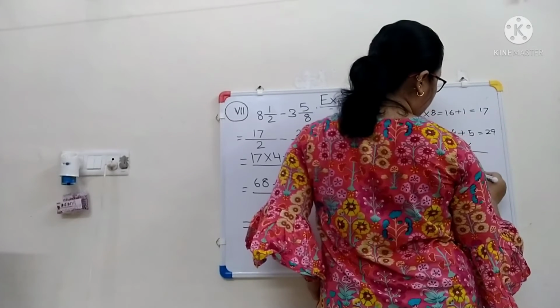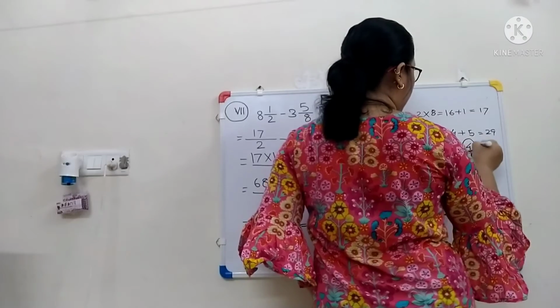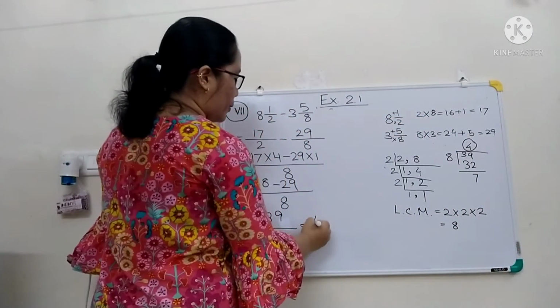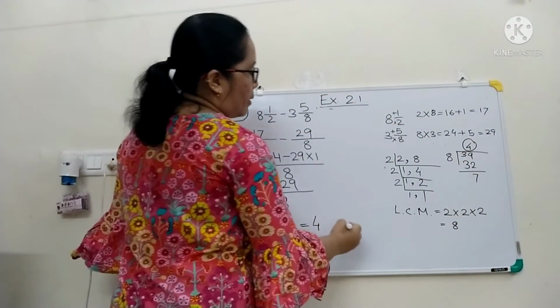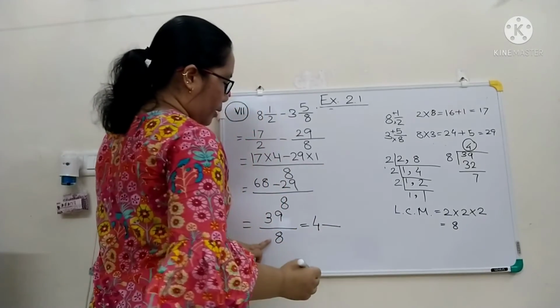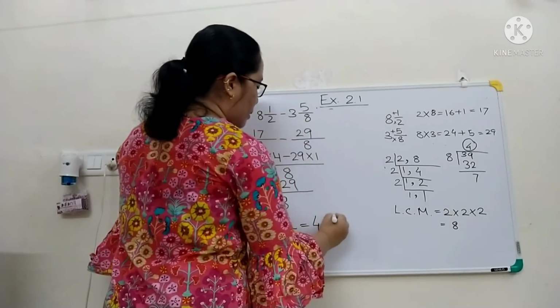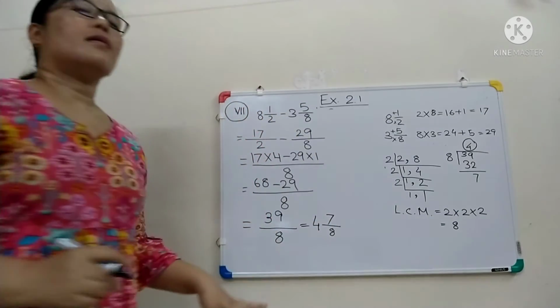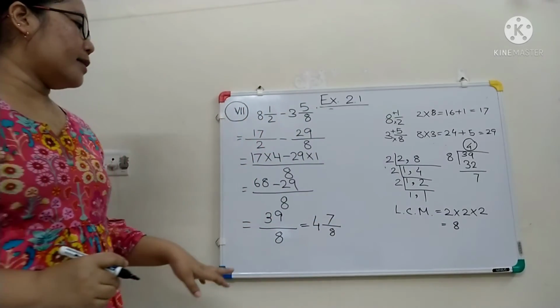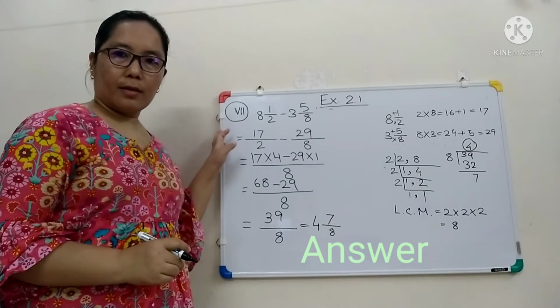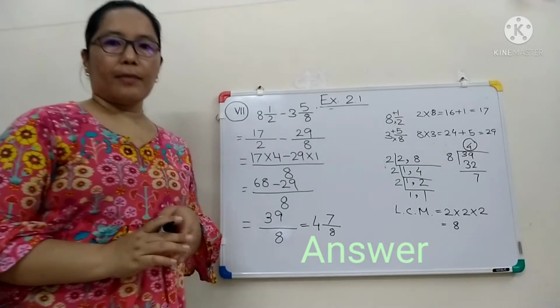Then it is a 7. So the whole result, that is 4, we will write here. Then the denominator will remain the same and the remainder will become the numerator. And this is the answer for this question. Up to this, I think all of you have understood.